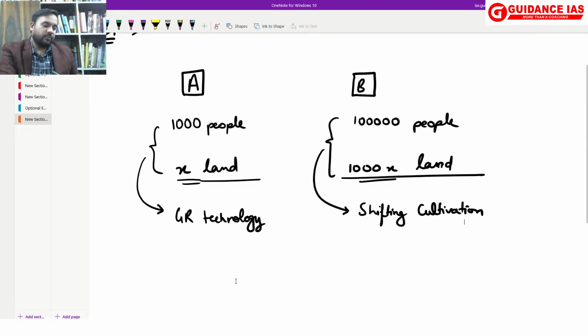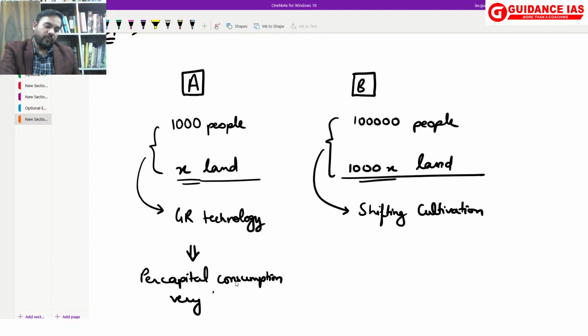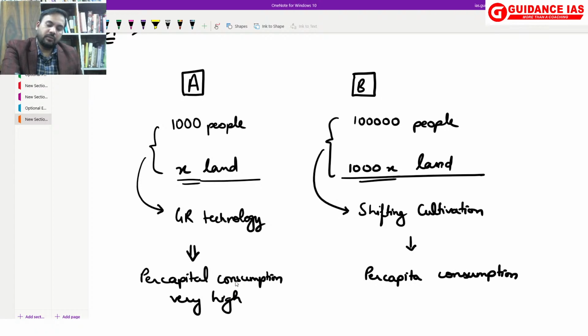Suppose we are talking about A, but the problem with A is that their per capita consumption levels are very high. In this case, the per capita consumption is very low.